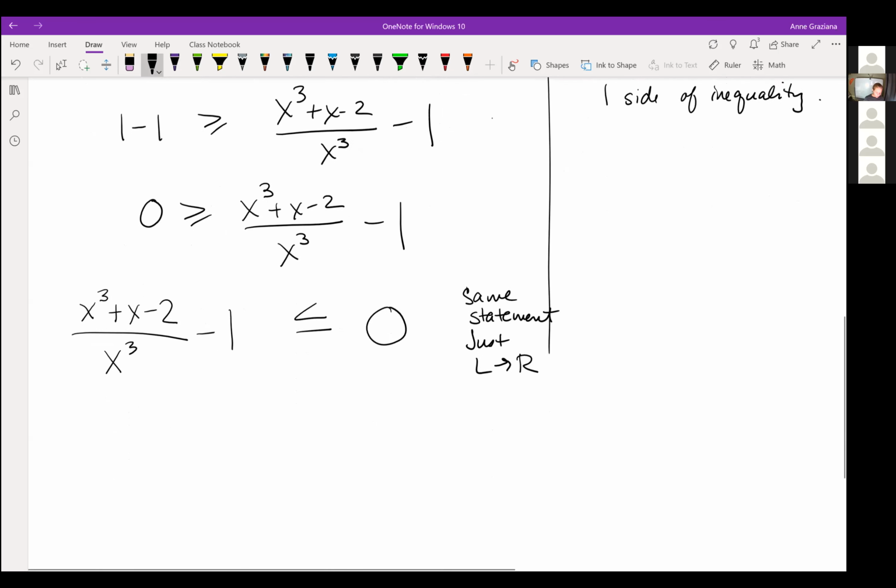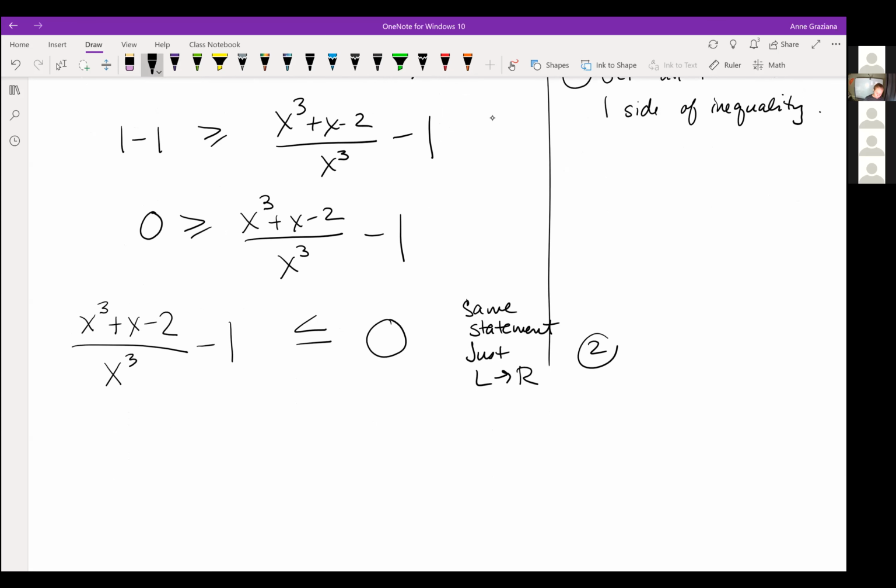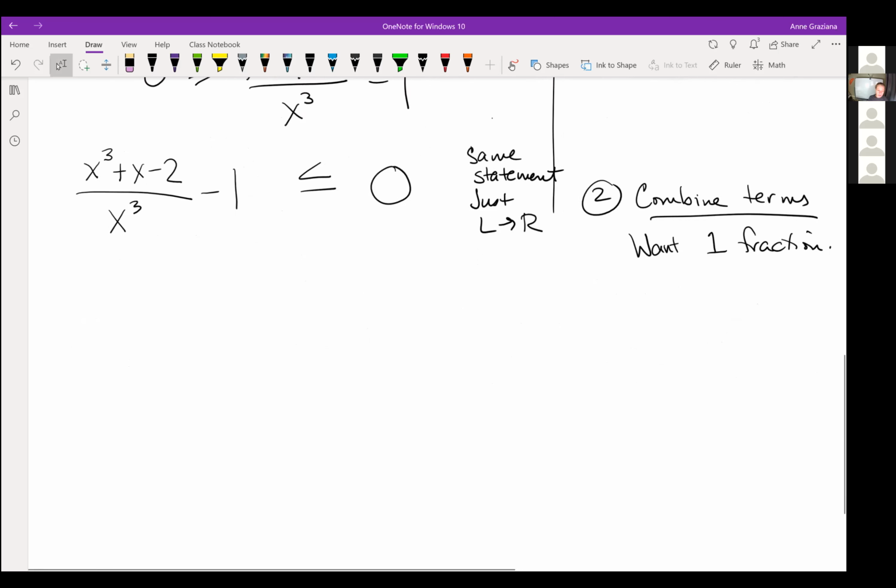Okay. All right, so now step 2 is let's combine terms. I want one fraction. Since I do have a fraction, I would only want one fraction. It just makes all the calculation easier.